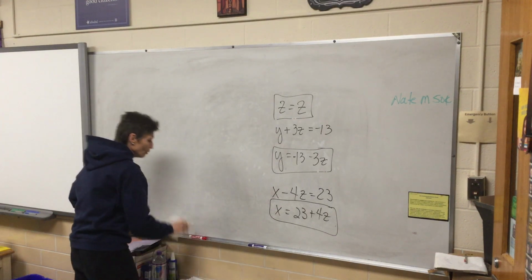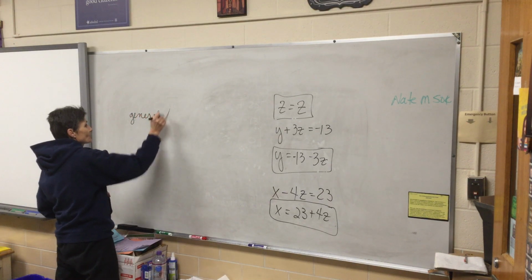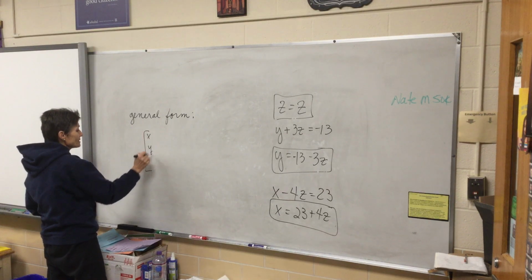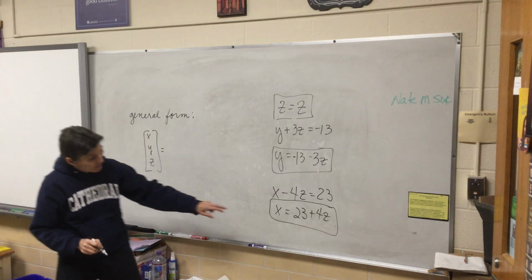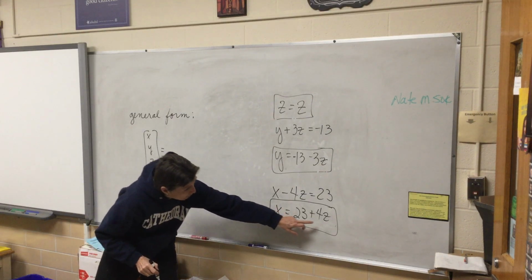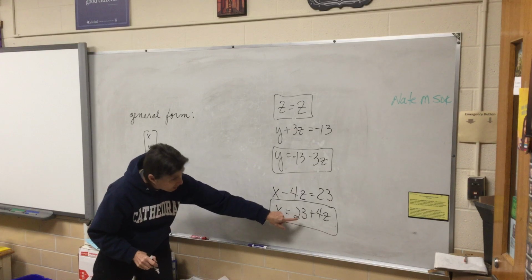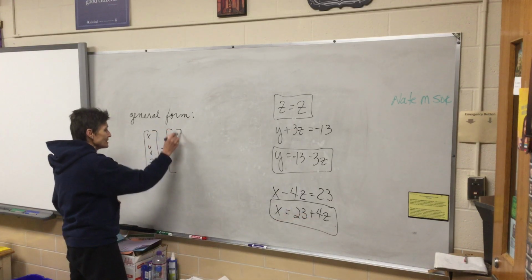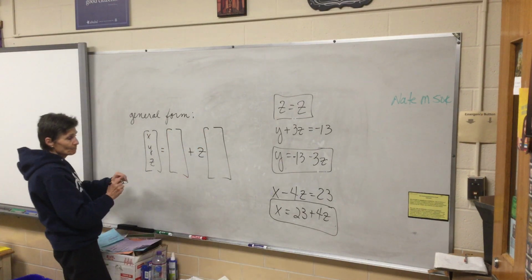The general form of the answer is x, y, z. Now, I want you to notice that x has two parts. It has a number part and a z part. So I'm going to set up my answer to reflect that.